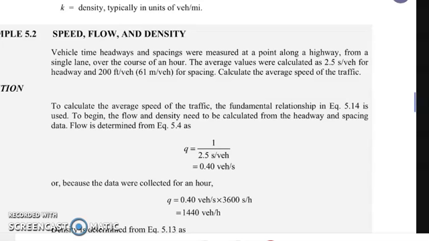From the flow formula, Q is equal to 1 all over the headway, which is 2.5 seconds per vehicle.